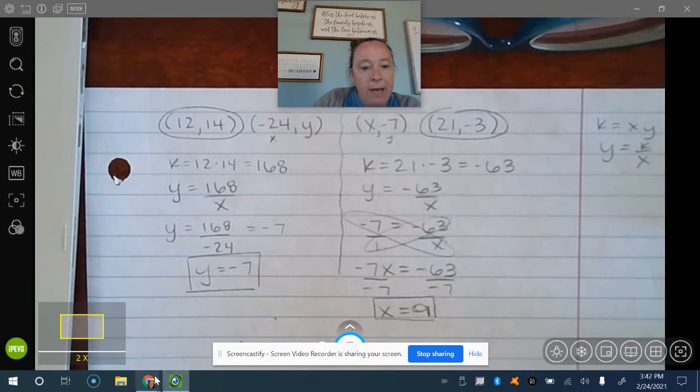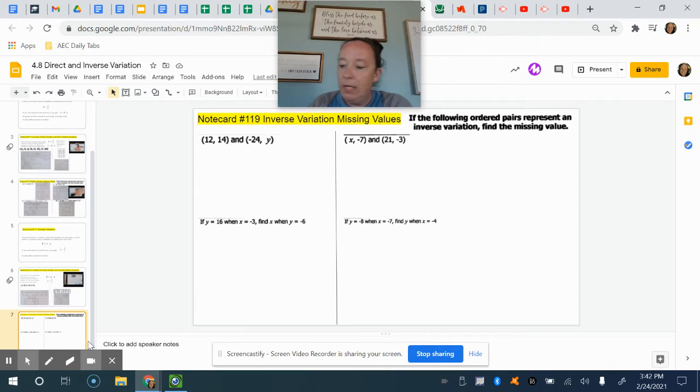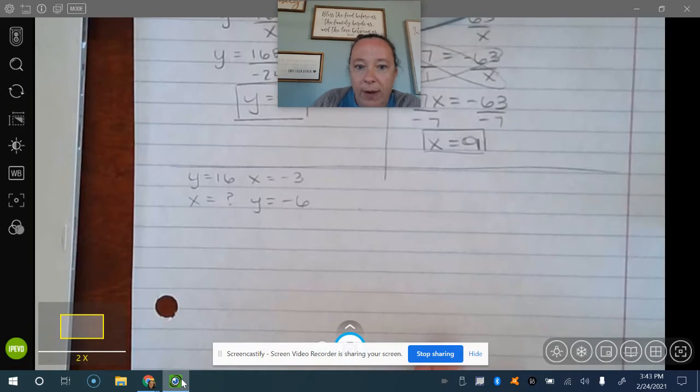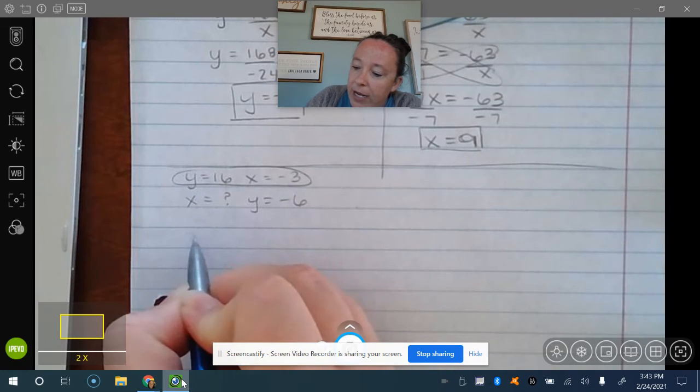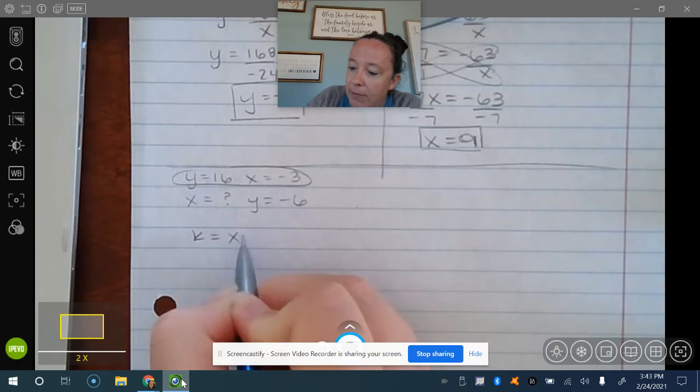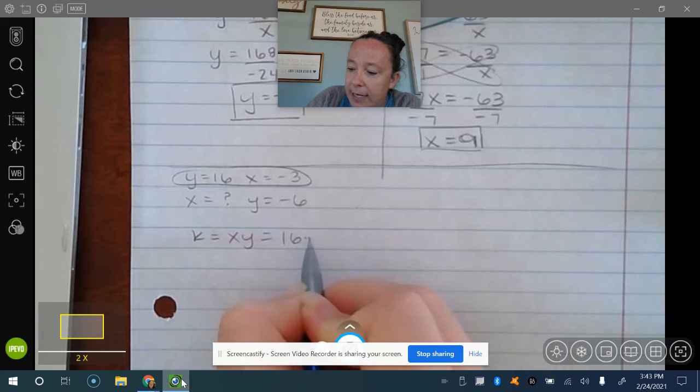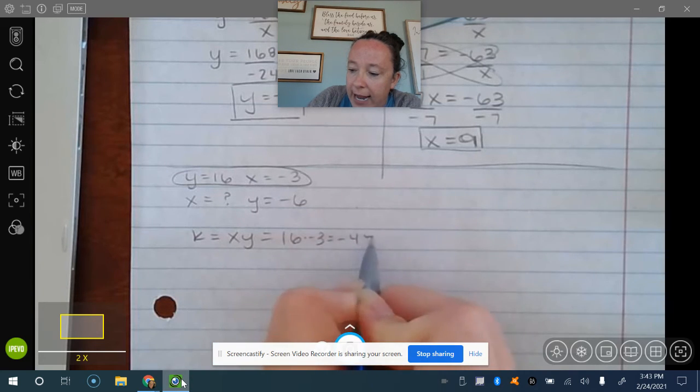Now, if I go back over here, our bottom left, it's got some words going on. So we know y is 16 when x is negative 3, and then we want to find x when y is negative 6. So I just jotted that down in my own little way right here. This is my complete set of information. We know that k equals x times y, so equals 16 times negative 3, which is negative 48.